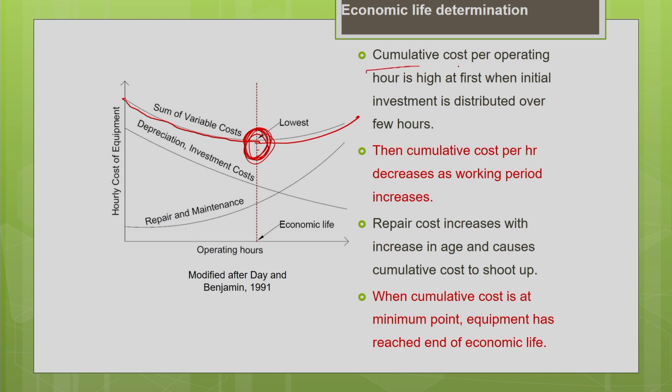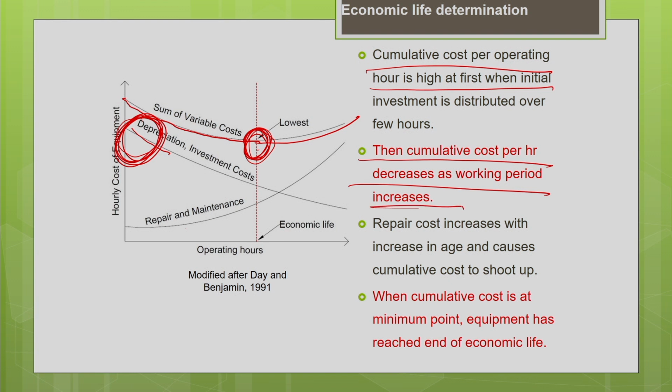The cumulative cost per operating hour is high at first, when the initial investment is distributed over few hours. Then the cumulative cost per hour decreases as the working period increases.